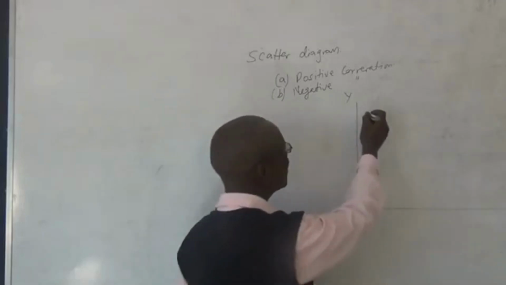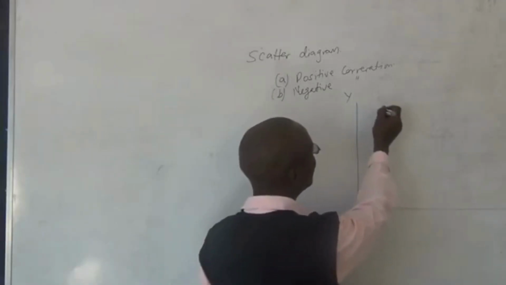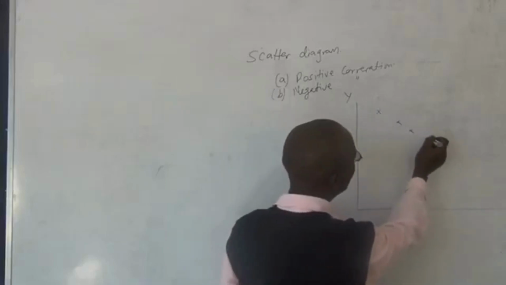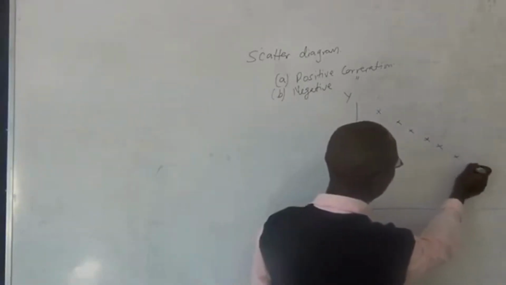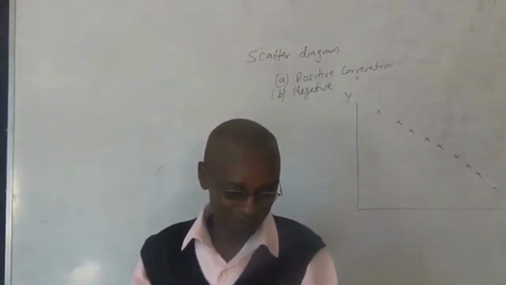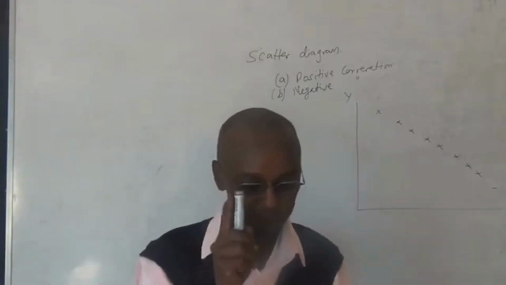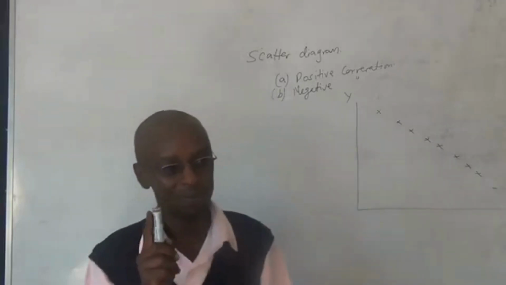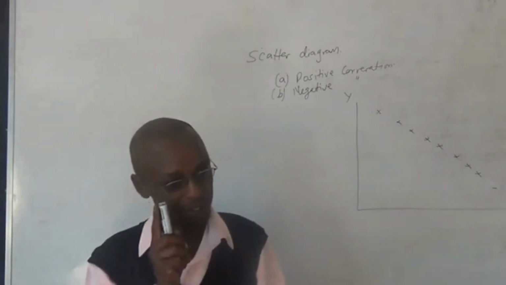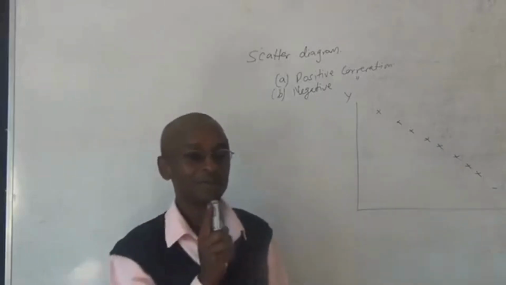Tukiplot price and demand, itatupea nini? Itakuja hivi. Kwa sababu example is price and demand, and another example is speed and travel time.